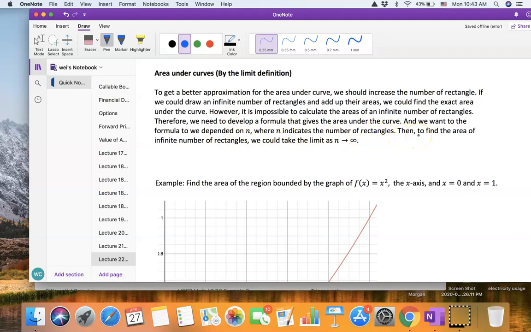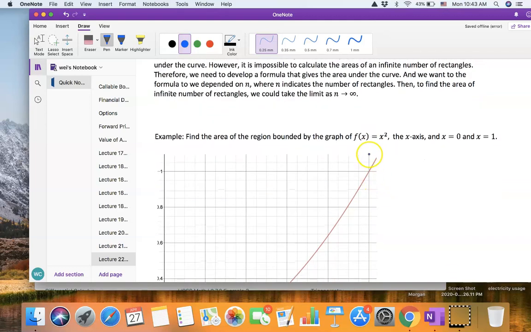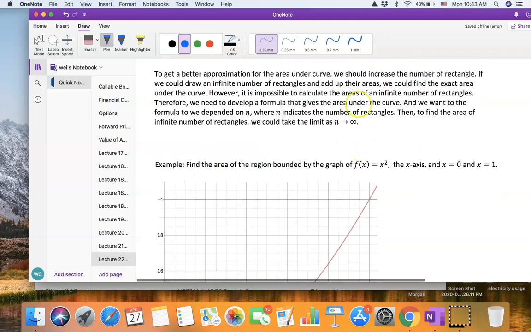After we find this formula, the formula will contain the variable n, and then if we take the limit of that formula as n approaches infinity, that will give us the exact area of the bounded region. Okay, so let me use this example to illustrate this idea.